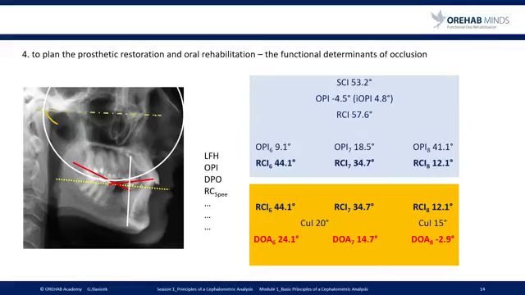For me, it is a gnathological tool perfectly fitting to the other gnathological instruments, such as condylography and the articulator. And here we already have some examples of which parameters can be used to understand the problem and to plan the new occlusion.